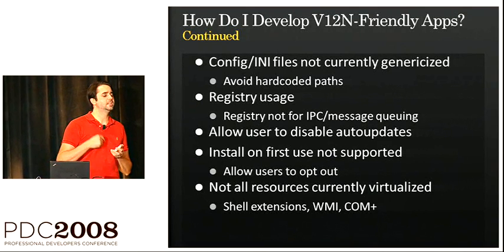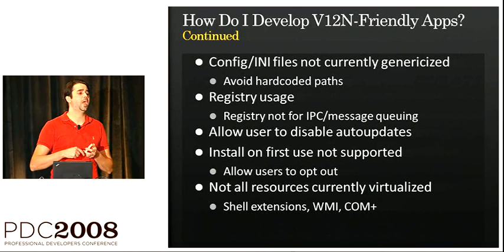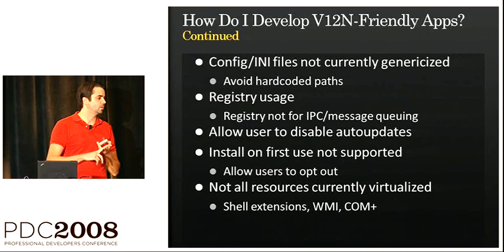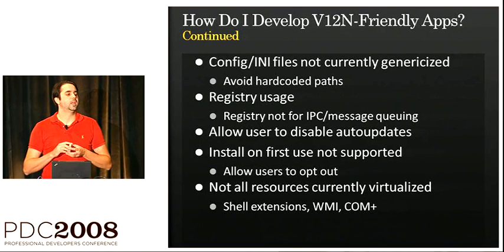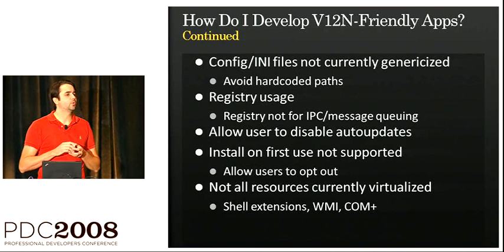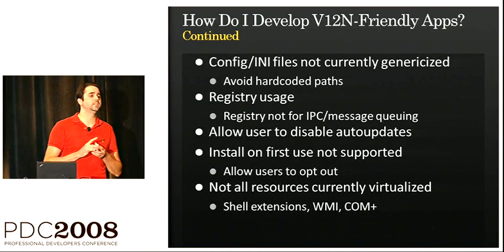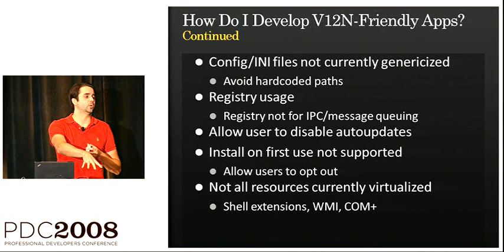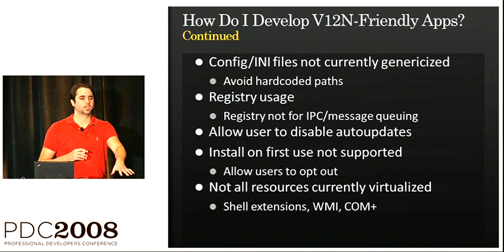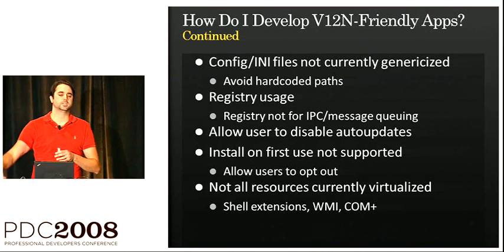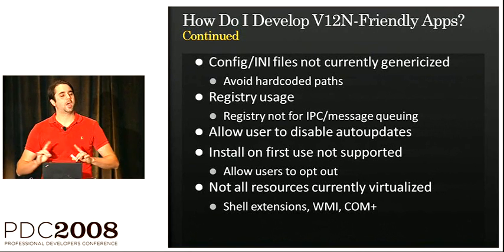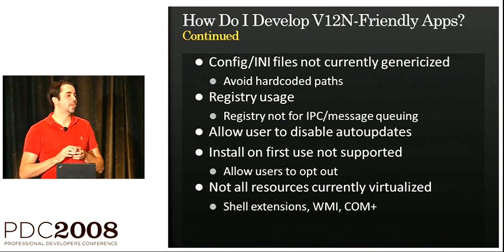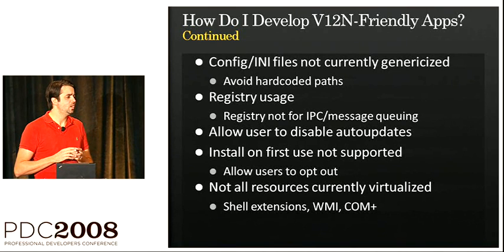So if at installation time you put hard-coded paths in INI files or config files or anything like that, then you're going to run into problems if the machine it gets run on is different in any way than the machine it was sequenced on. For example, if the system drive was C, and now it's M, those paths won't match up anymore, and AppV today doesn't do anything about that.